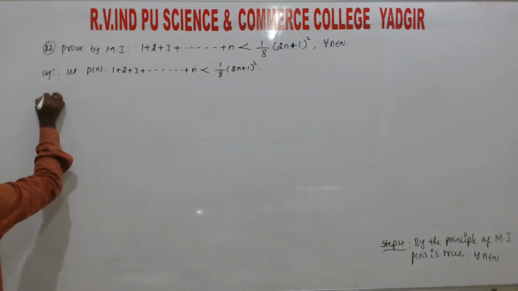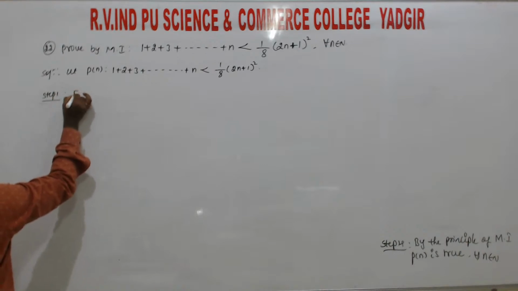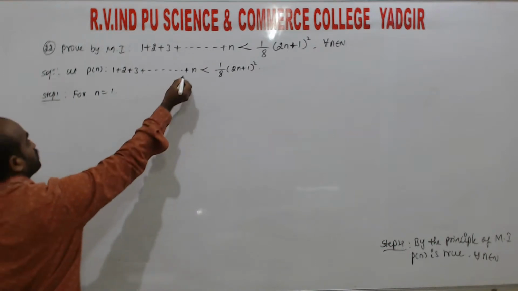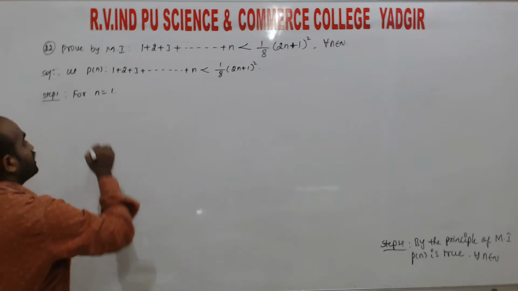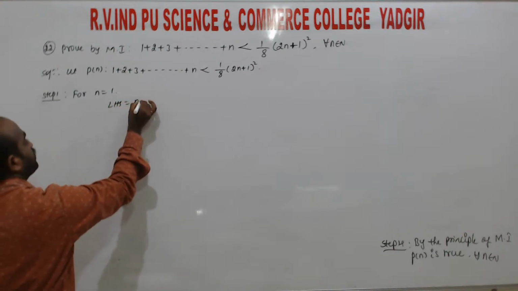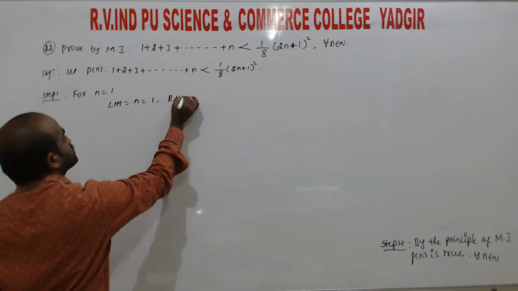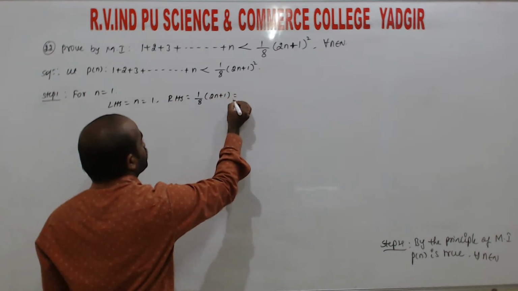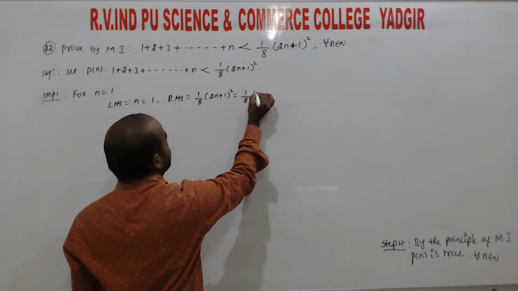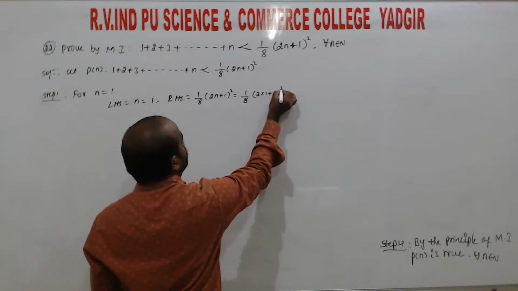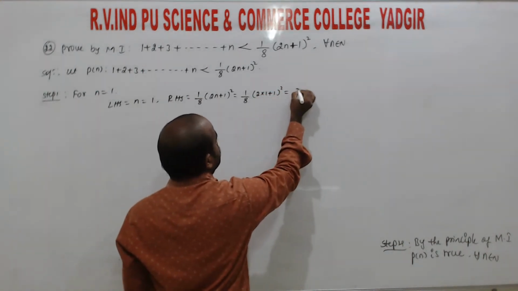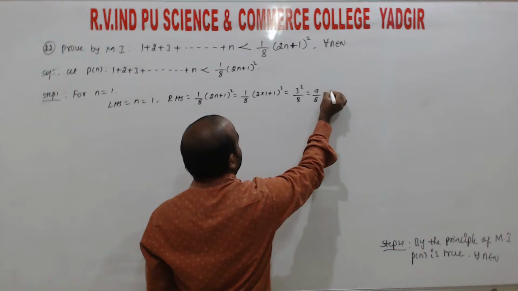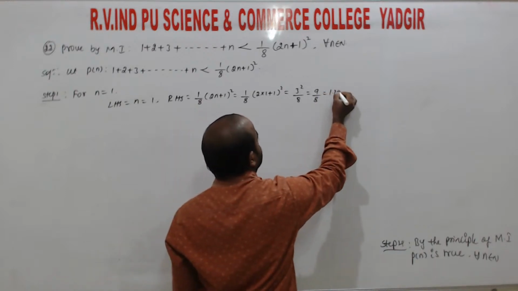Okay. Step 1, for n is equal to 1. Now this one, inequality sign is there. LHS value, n is 1. RHS is 1 by 8 into 2n plus 1 whole square. 1 by 8 into 2 into 1 plus 1 whole square. 2 into 1, 2, 2 plus 1, 3 square by 8, 9 by 8 is equal to 1.125.